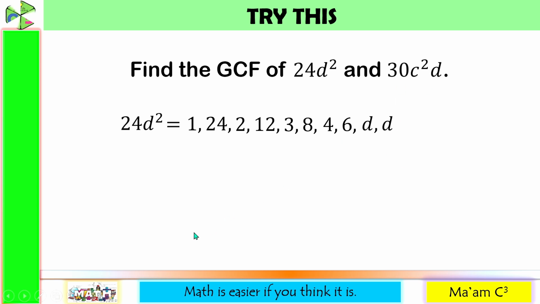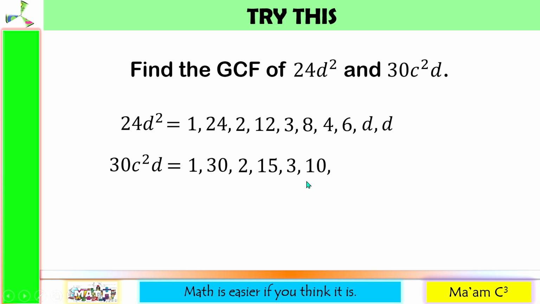Next, we have 30c squared d. 30 is a product of 1 and 30, 2 and 15, 3 and 10, 5 and 6. For c squared, this is c and c, and then let's copy d.